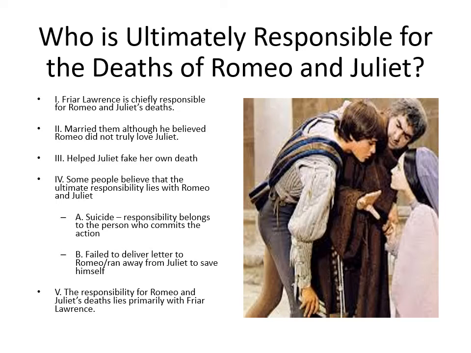All right. So for my topic, some people believe that the ultimate responsibility lies with Romeo and Juliet. And the point for this is pretty straightforward. Suicide, by definition, is self-killing. So as such, the responsibility for a suicide is on the person who commits suicide. It's really that simple.